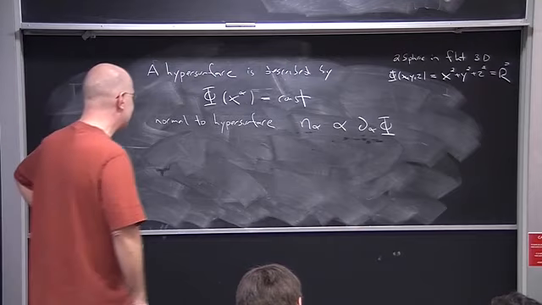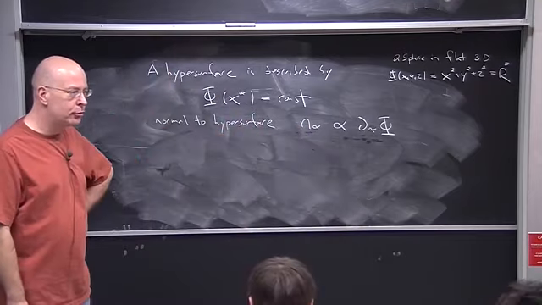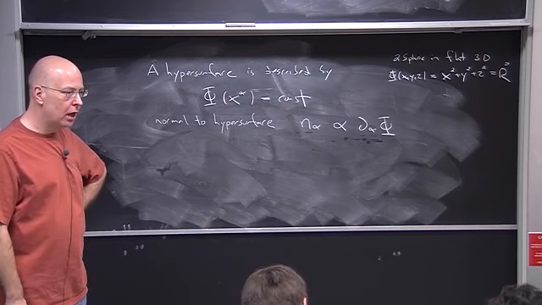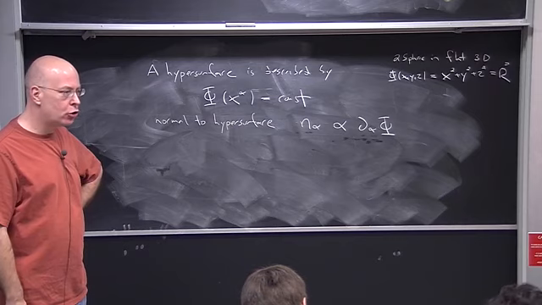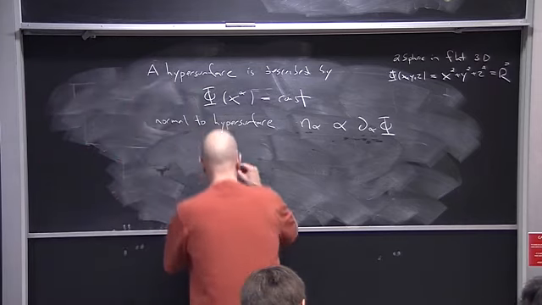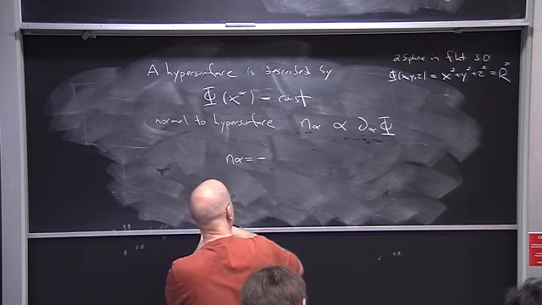So the reason why I say proportional to is that usually we like the normal vector to be normalized. So what I'm going to do is to put in a factor in front just to normalize it. So I'm going to say that the normal vector is going to be, I'm going to put in a minus sign.